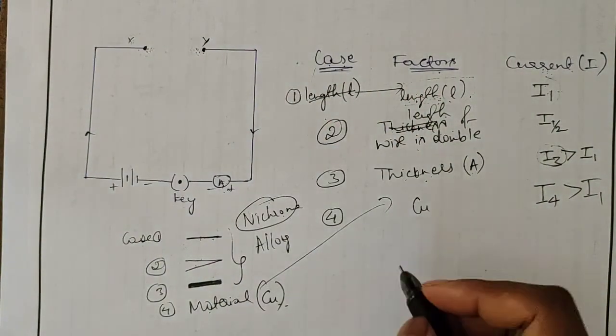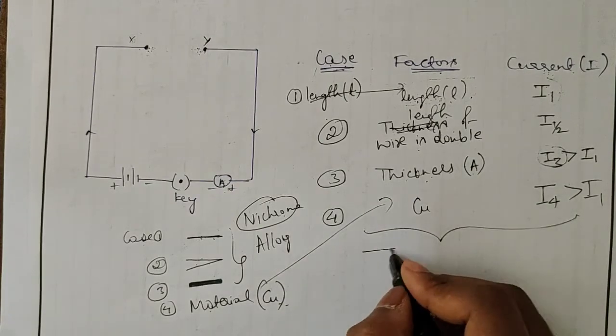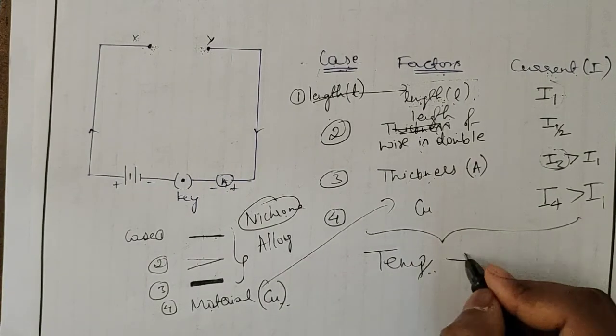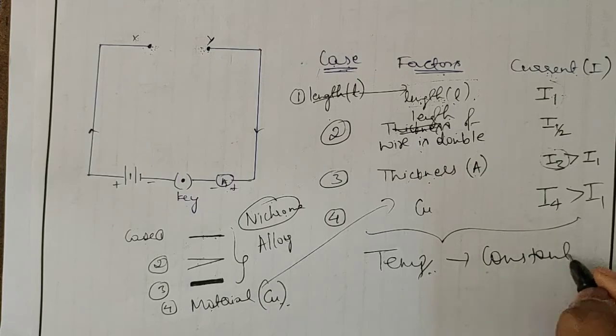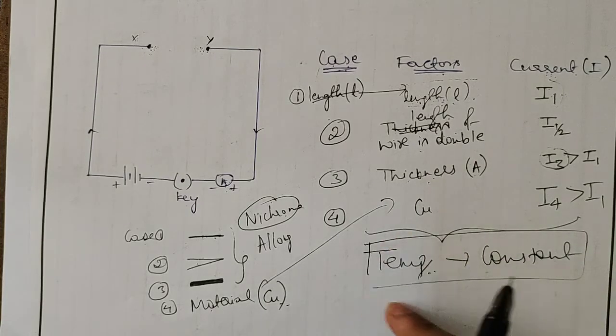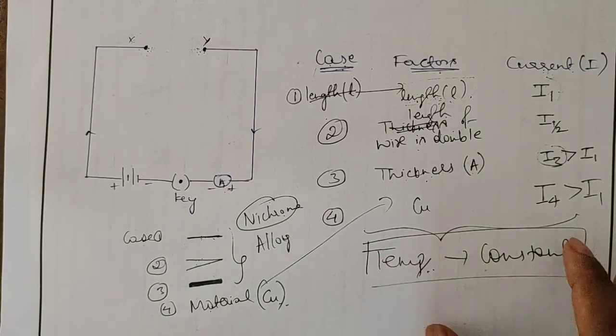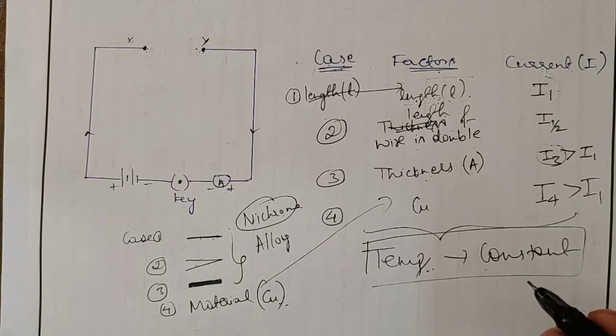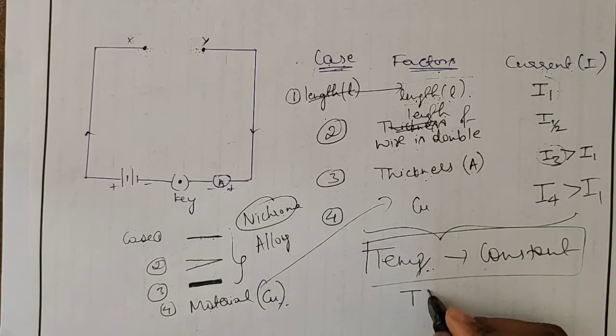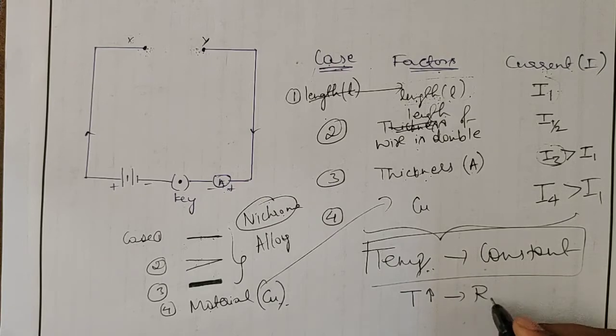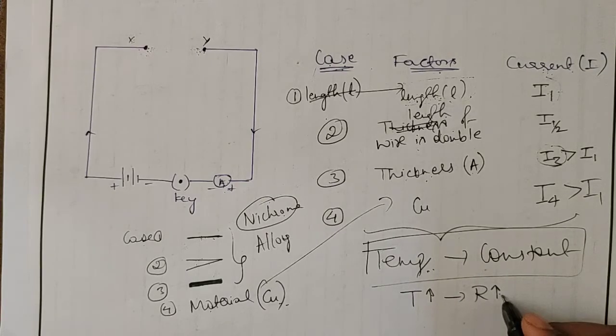And there is one more factor for all these things: temperature should be constant. Let it be room temperature or below. Listen, if temperature is more, automatically resistance will also increase.